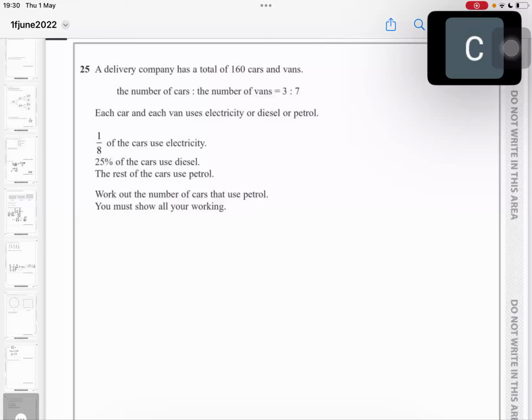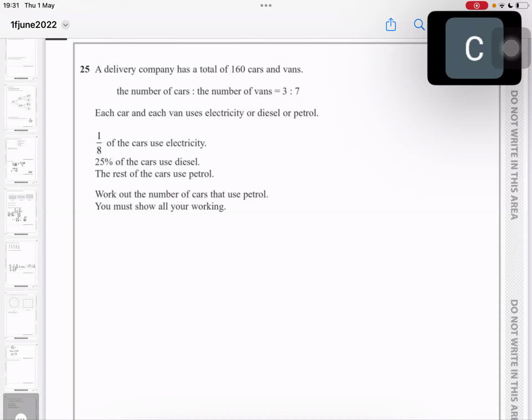Okay, so let's continue. I'm not sure where I left off, but 1/8 of 48 will give us 6, and 25% of 48 will give us 12. Did you get my explanation up to that point? Yes. Okay. So let's add 6 plus 12 and then subtract it from 48.